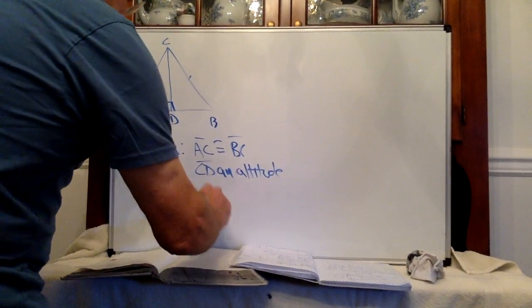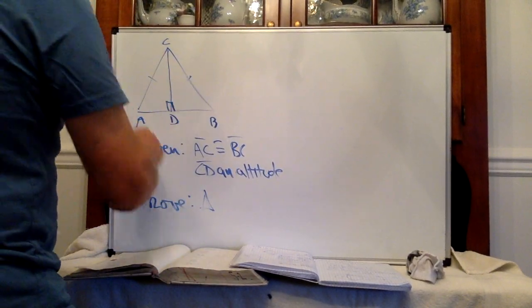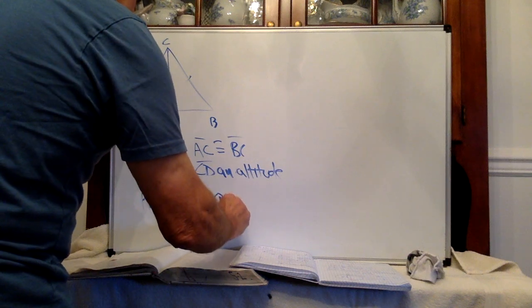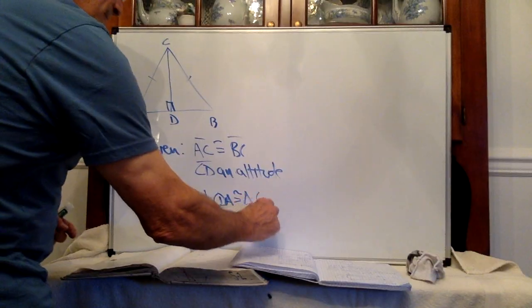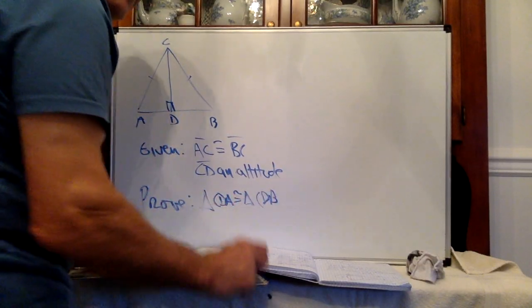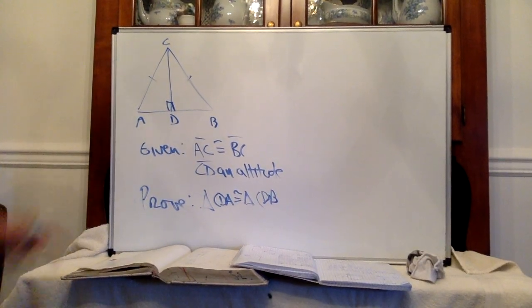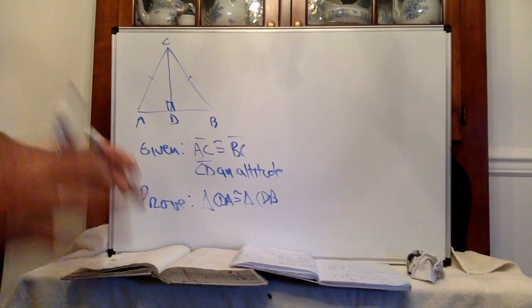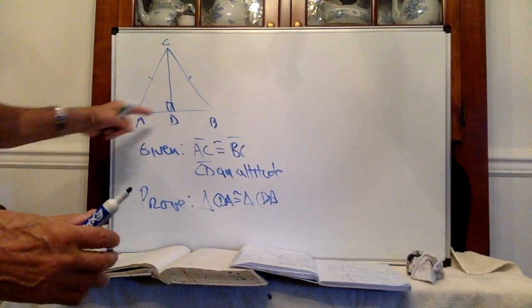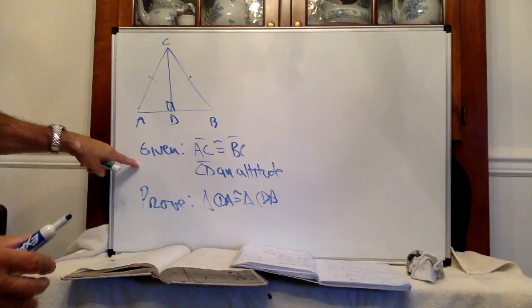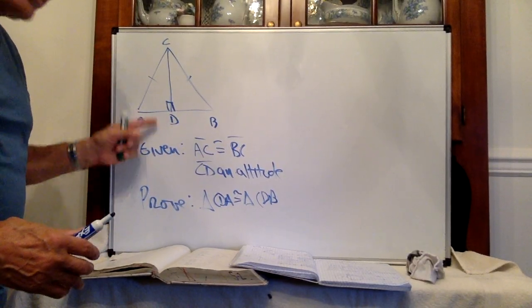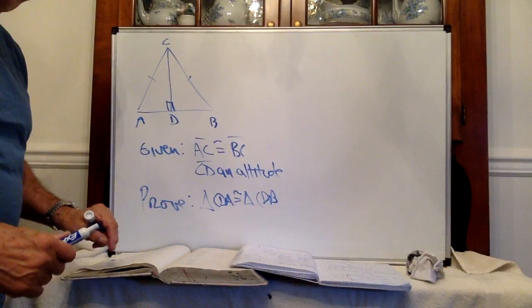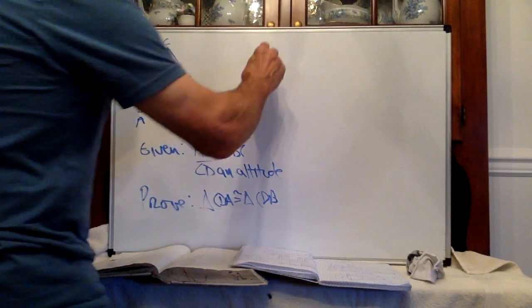So you're trying to prove, by the way I've drawn this, that triangle CDA is congruent to triangle CDB. So here I have a statement turned into a drawing, labeled. I have a given statement in terms of the way that I have drawn the figure and labeled it, and a to prove statement. Now I can do my proof.